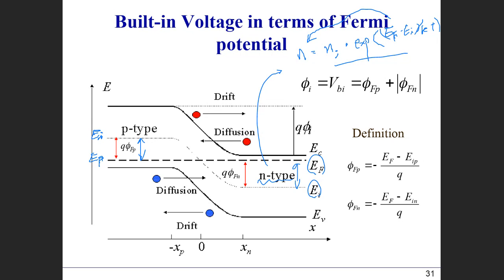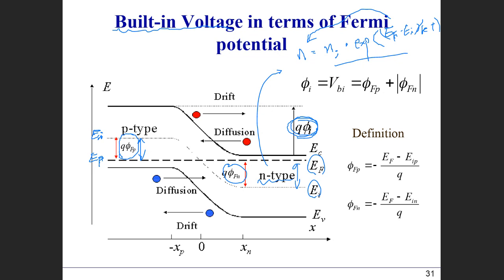So now, if you look at the potential difference in the P side and N side, and you correlate these two differences, that difference represents this barrier height in here. Okay. And that is what we call the built-in potential, or built-in voltage, in the PN junction diode.